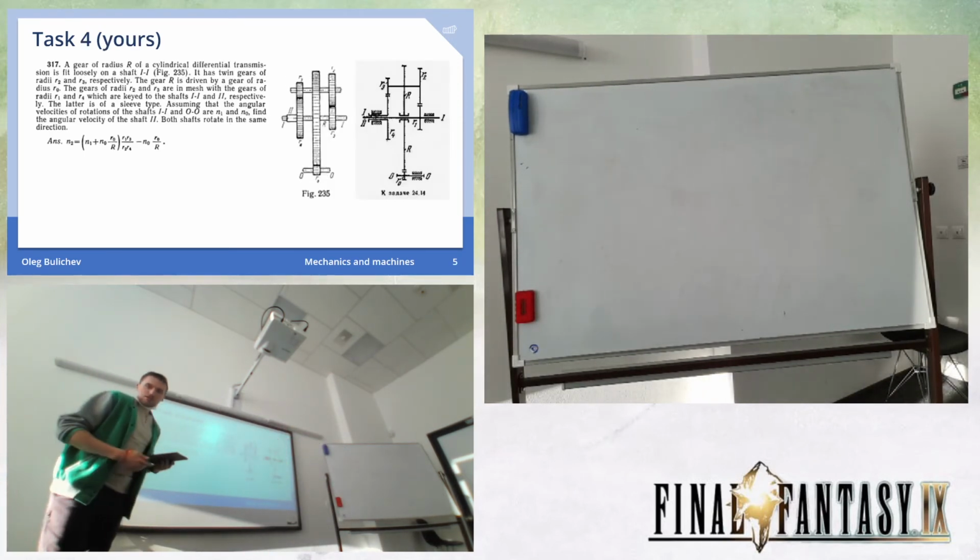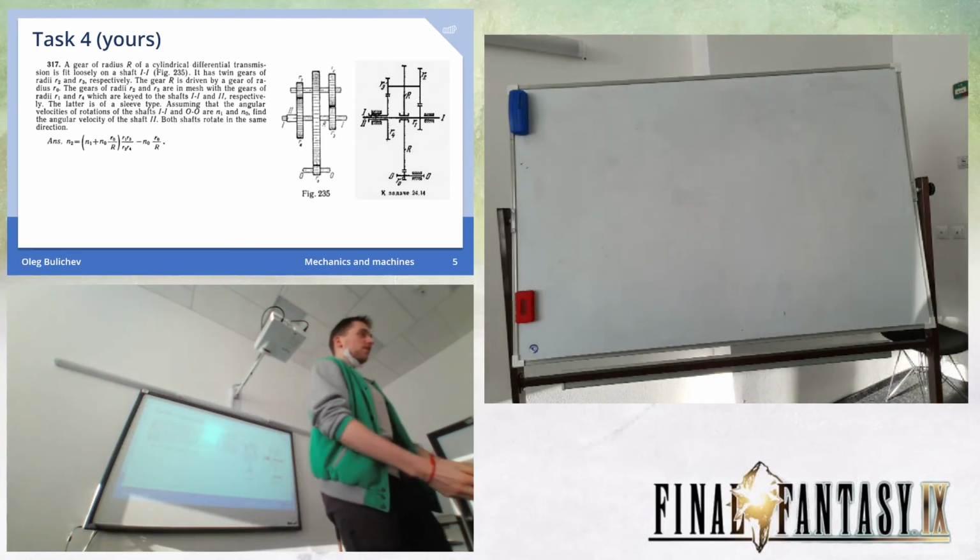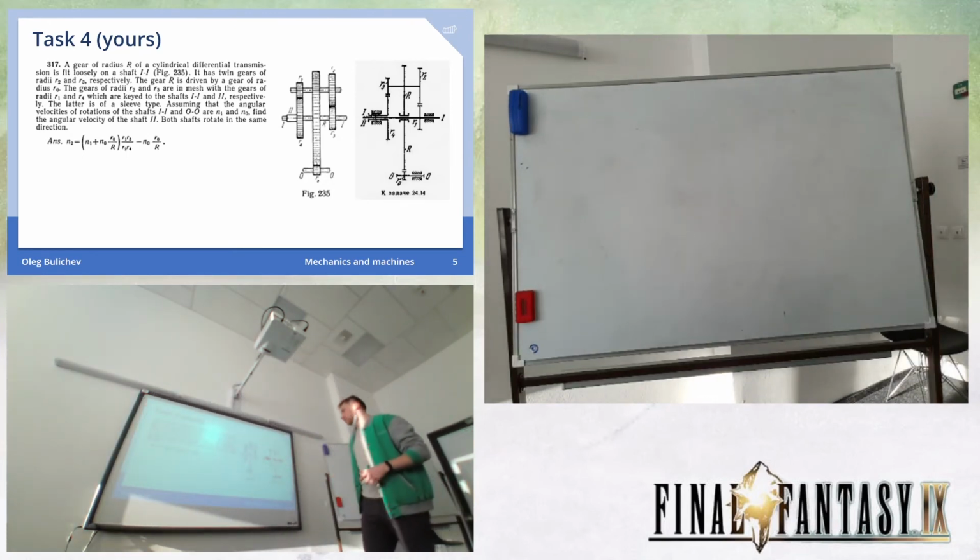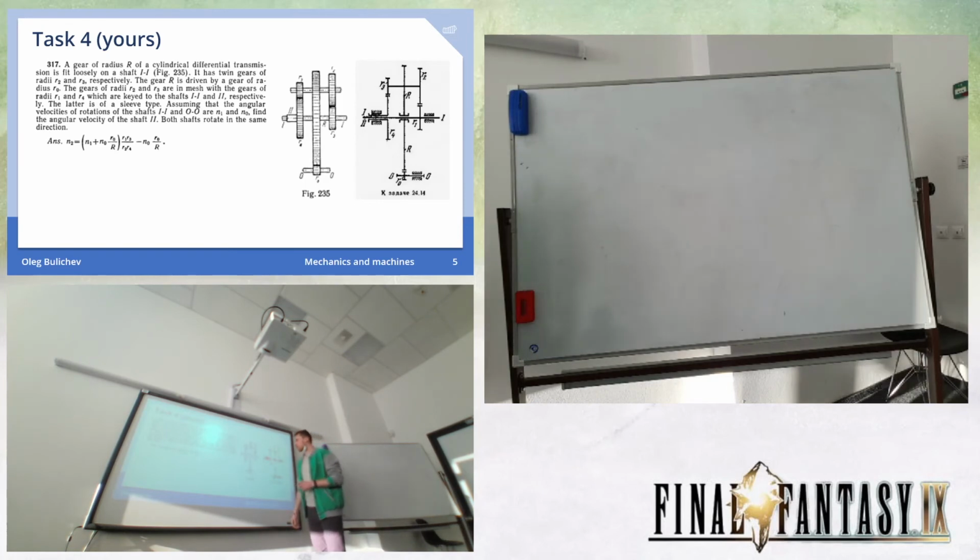Also, the fourth task and fifth task will be new ones. This is a solved one. So the goal is almost the same, and again I put the mechanism and the schematic scheme. Actually, this is better for understanding, but try to draw it.